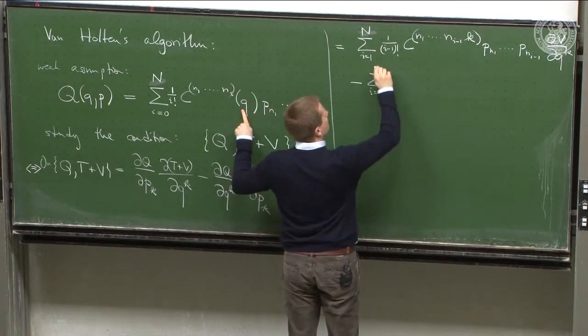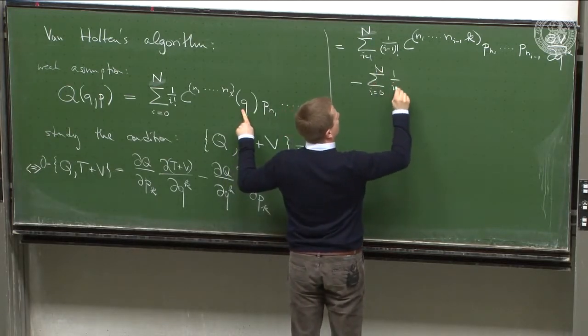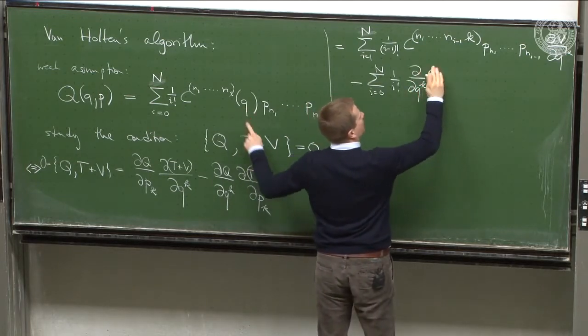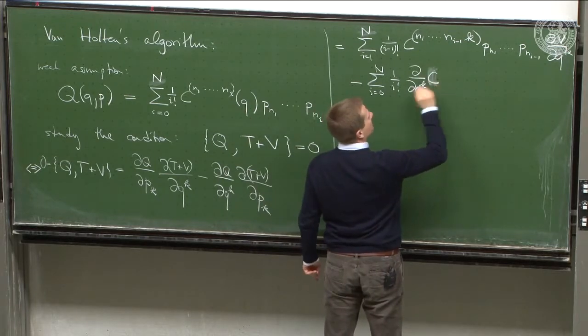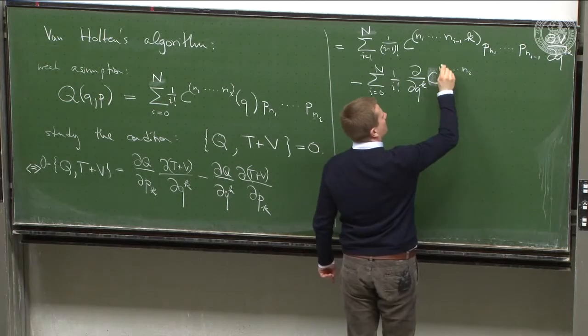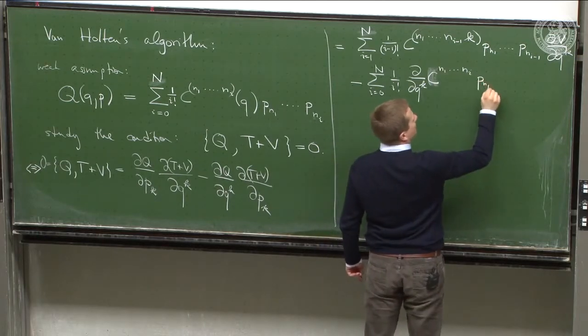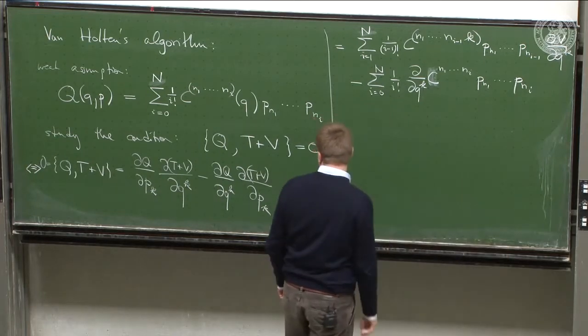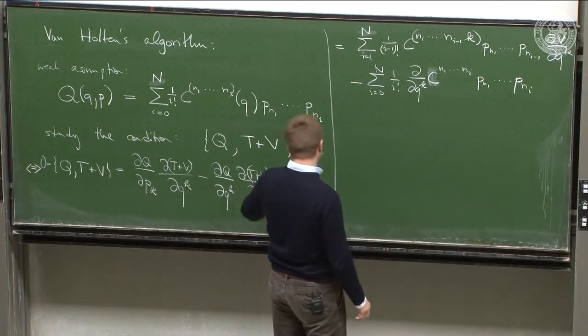That's I equals 0 to n, 1 over I factorial. And now d by dqk of just the coefficients c, n1 to ni, of course still all symmetric, and all the p's remain because nothing happened to them, to p n I, times.